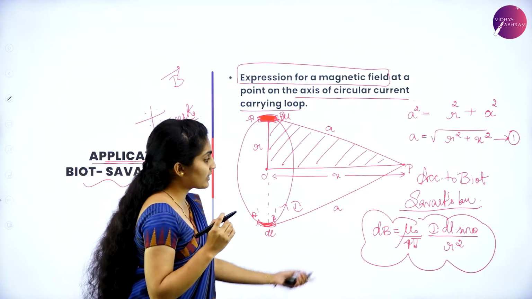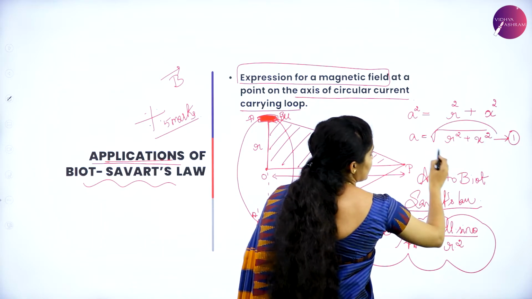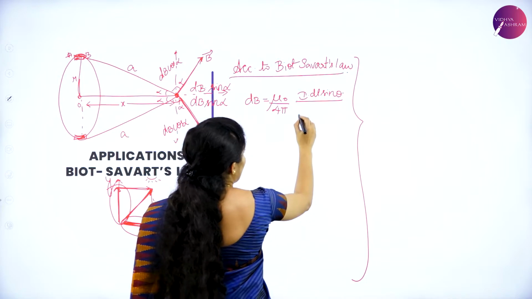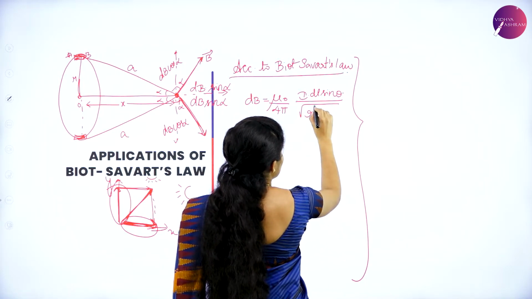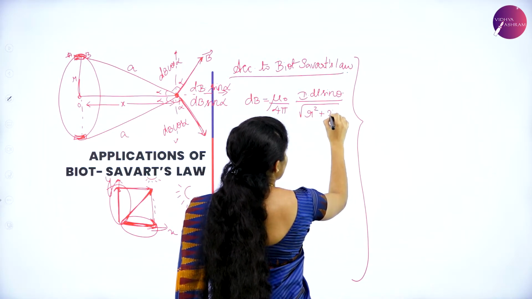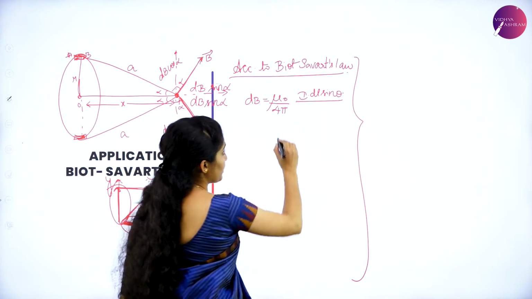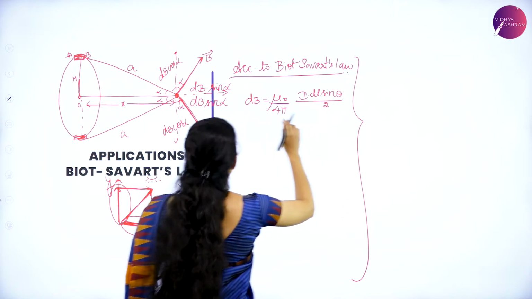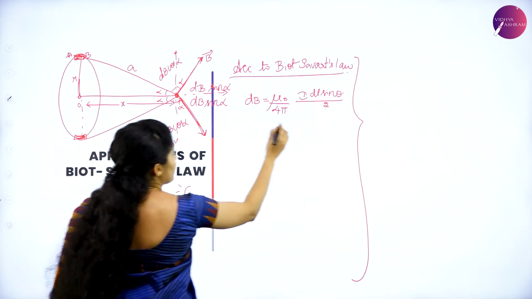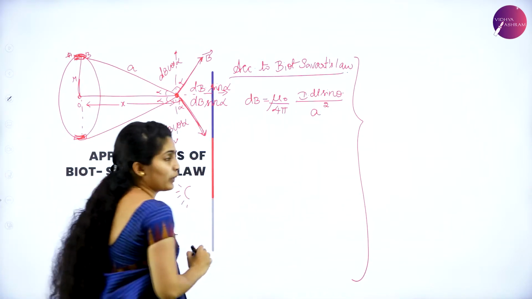The distance, as we had calculated earlier, will be the root of r square plus x square, the whole square. So it is divided by the square of the distance between them, which we can take as a square.